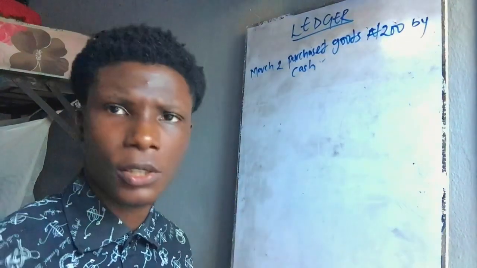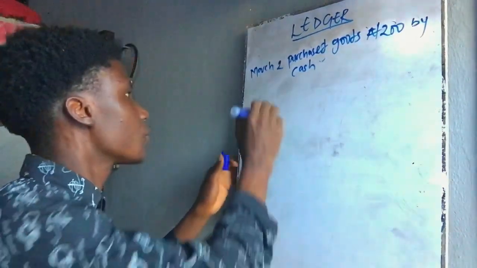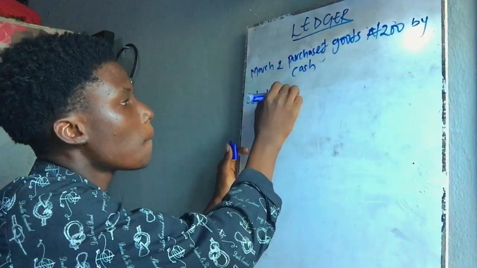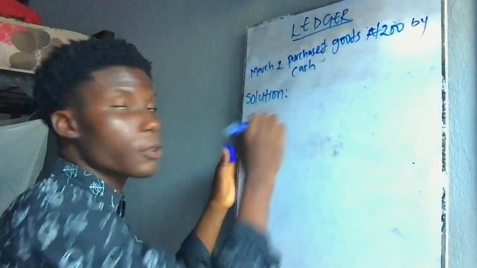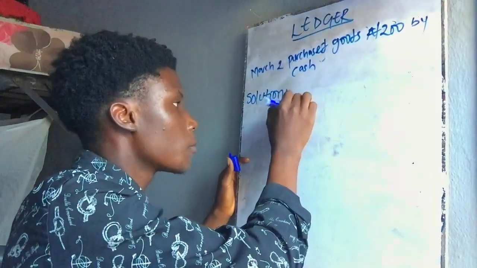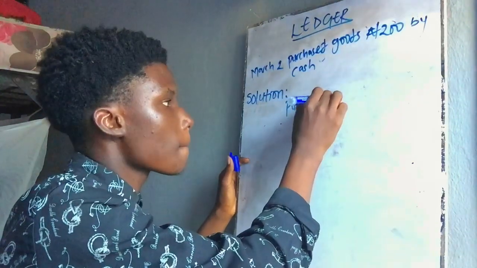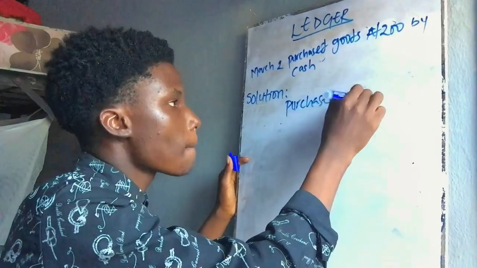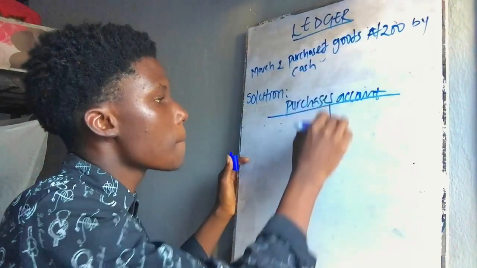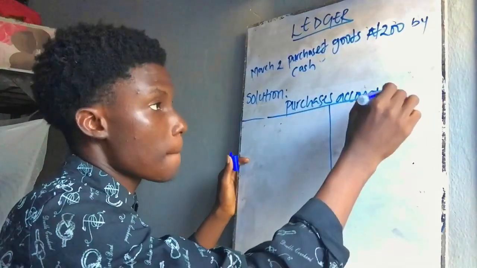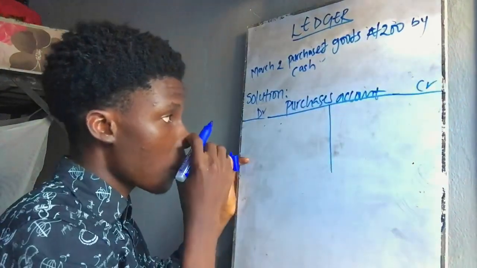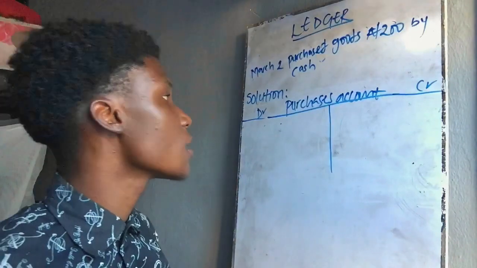So let's just quickly illustrate that on the board. First of all, we can start with the purchases account. You're about to put your debit and your credit. Okay, so purchases account.